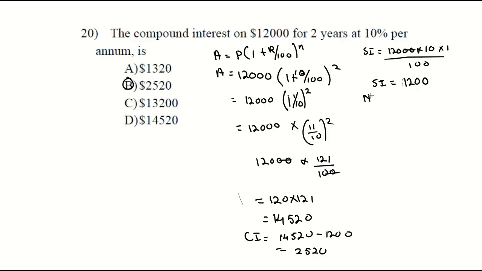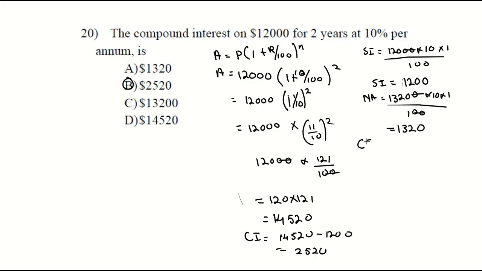So your new amount is now going to be 12,000 plus 1,200, which is 13,200 multiplied by 10 multiplied by 1 year. This is for the second year, over 100. Cross this off, you'll get 1320.